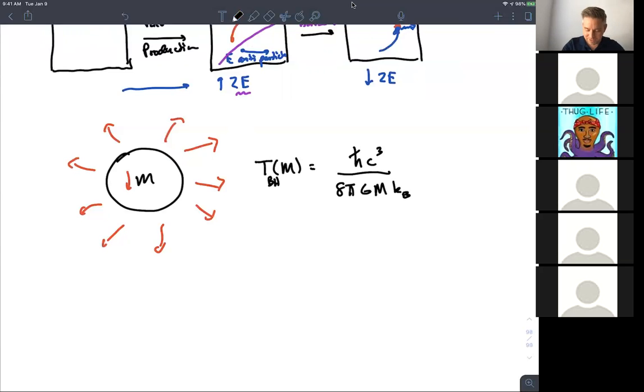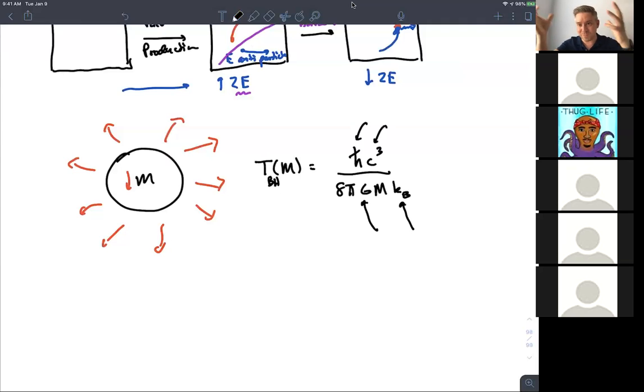Okay, so now notice that a lot of these things in here are constants. So h bar is a constant, which depends upon quantum mechanics. c is a constant, that's classical electrodynamics and special relativity. G is a constant, that's gravitation and general relativity. And k_B is Boltzmann's constant, that's statistical mechanics and thermodynamics.